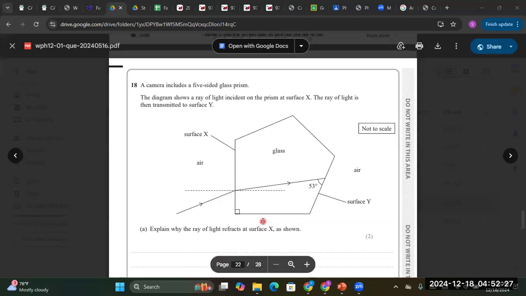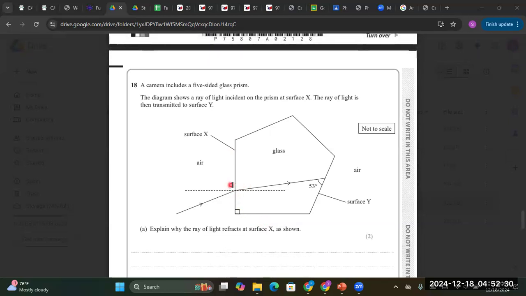Explain why the ray of light refracts at surface X. Why is the light refracting? You simply have to explain the concept of refraction that I had taught you in the class.